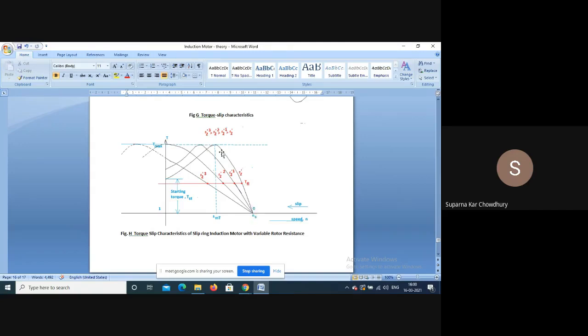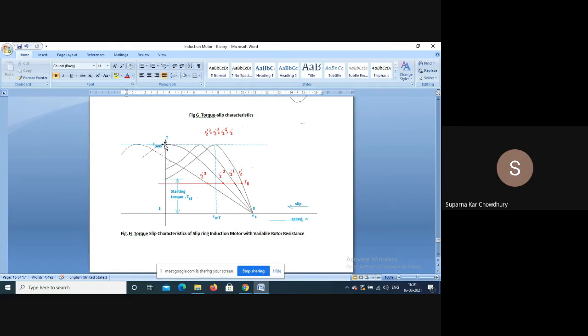If this is the basic characteristic with R2 dash, now if we insert resistance, the characteristic will shift like this. That is, the maximum value remains the same, but the slip at which maximum torque occurs will increase, and also the starting torque will increase.